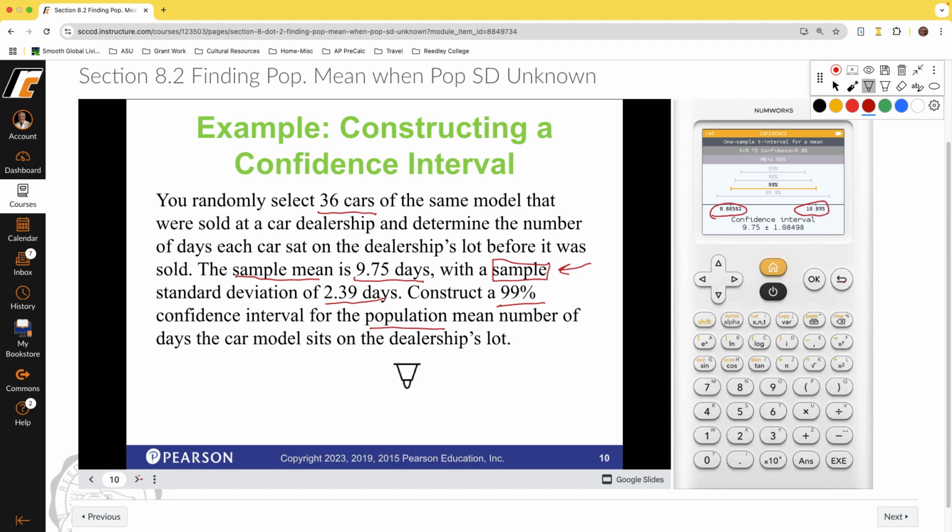We've got 2 decimal places, so let's use 2 decimal places in this. 8.67, rounding that one. So the population mean is larger than that, and the population mean would be smaller than 10.84, rounded to 2 decimal places. So there's our 99% confidence interval that the population mean is between these two values.